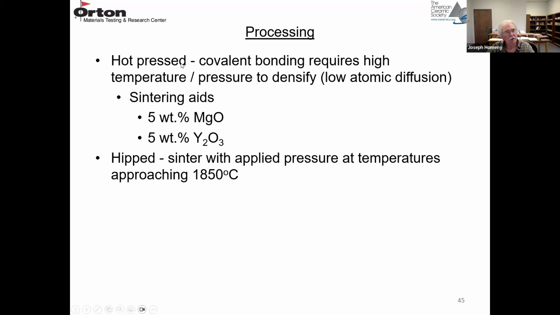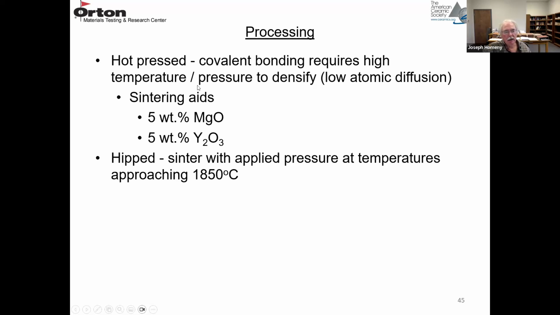You can have a hot press silicon nitride, just like you can have a hot press silicon carbide. Again, silicon nitride, just like silicon carbide, is covalently bonded, low diffusion rates at high temperatures, so low densification. So you have to apply pressure at high temperatures to densify the material.